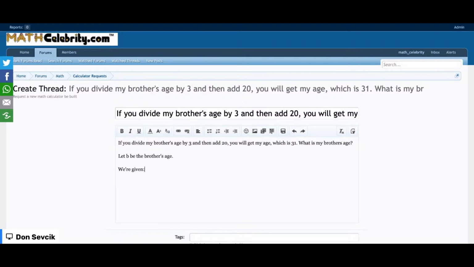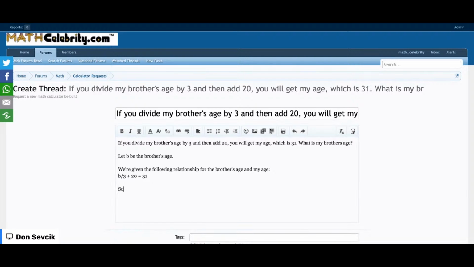We're given, divide my brother's age by 3, so we've got B divided by 3, and then add 20, you get 31, so equal to 31. So we've got an equation here we need to solve for B. We're given the following relationship for the brother's age and my age.